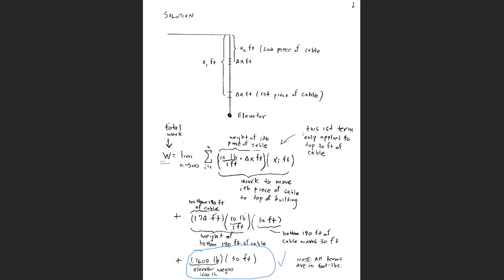The work for the bottom 170 feet of cable is just 170 feet times 10 pounds per foot, which gives us 1,700 pounds, because the feet simplify out and you're left with foot-pounds.